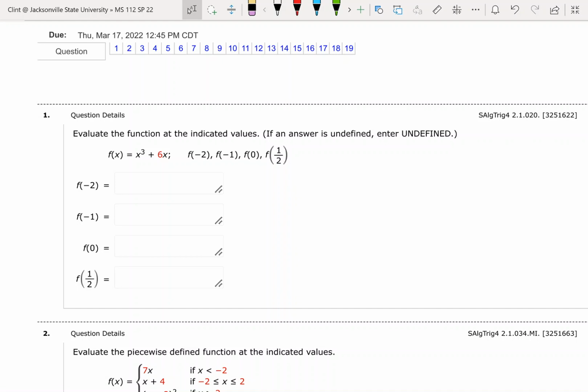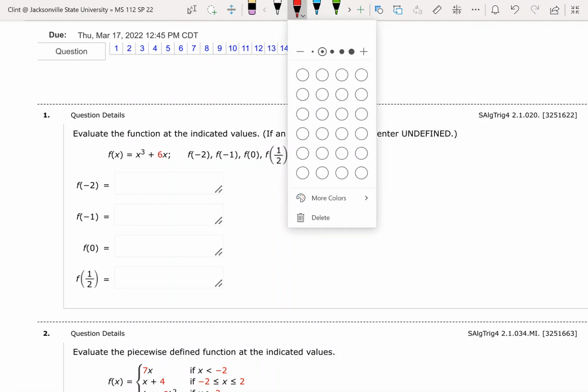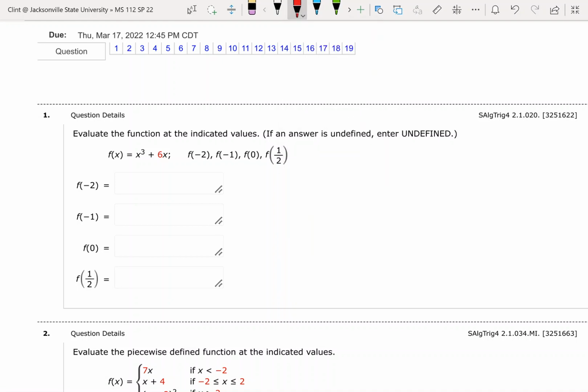If we run across anything else, I'll make sure to include that. Okay. So, can't think of anything? Okay.